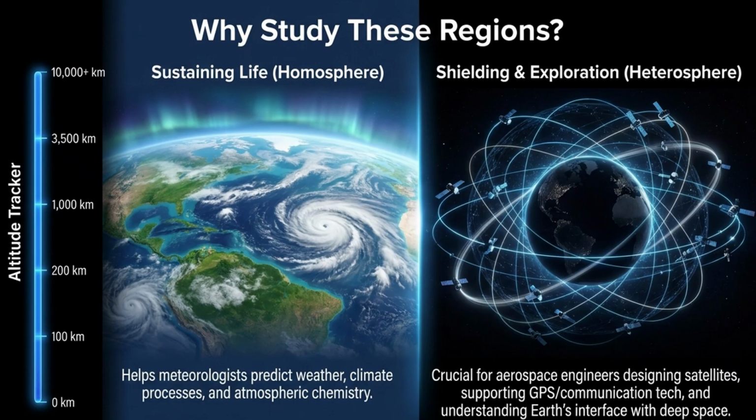The homosphere is important for life because it contains the gases and conditions needed for weather, climate and living organisms. On the other hand, the heterosphere is important for studying satellites, communication systems and space exploration. So, we can say that both regions play an important role in understanding our Earth and its atmosphere.